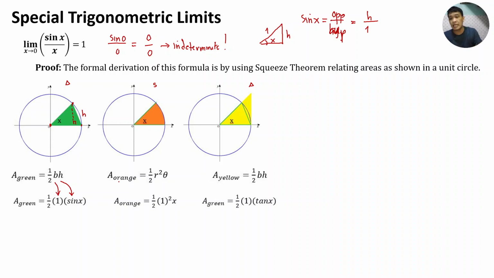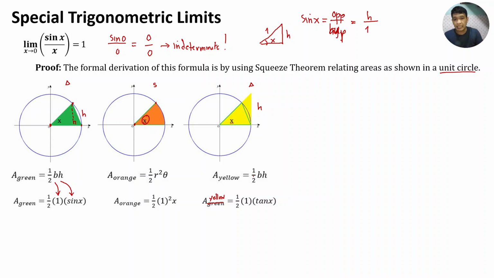How about this area ng orange? Area ng sector is 1/2 r squared theta. So, that's 1/2. Since radius is this distance to this point, which is 1, unit circle, so 1 squared multiplied by theta, which is x. Then area of yellow is also 1/2 base times the height. This represents the height of the yellow triangle.